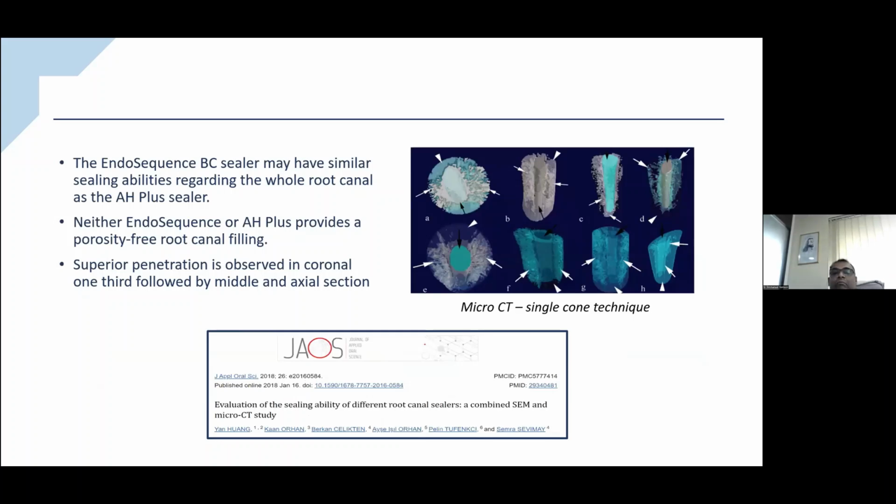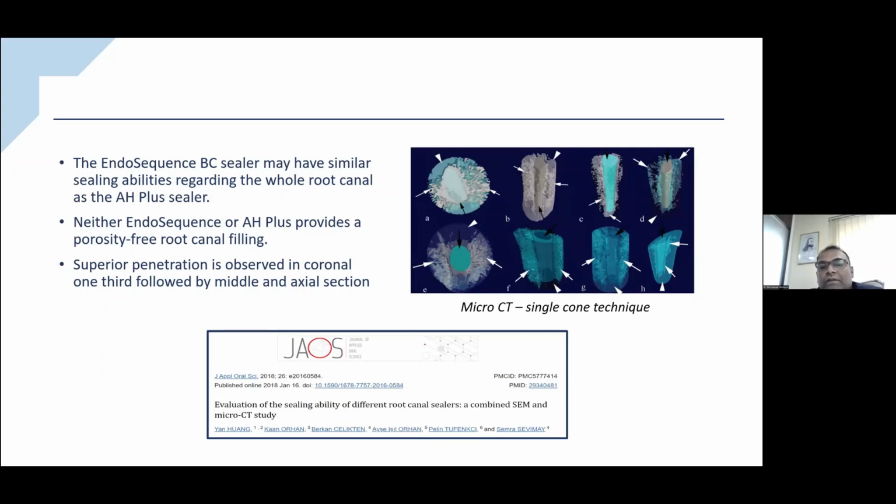Now, this is a micro-CT of a single cone technique, which shows that the EndoSequence BC sealer may have similar sealing ability regarding the whole root canal as that of AH Plus sealer.